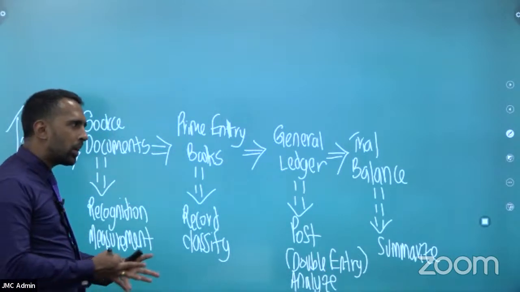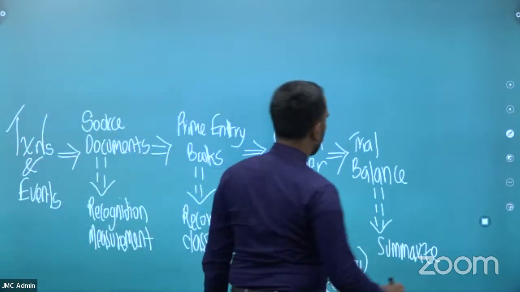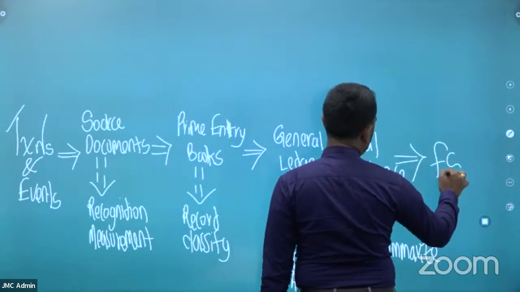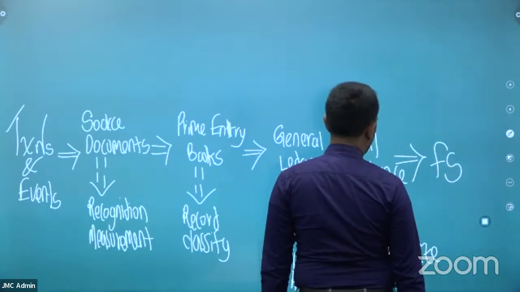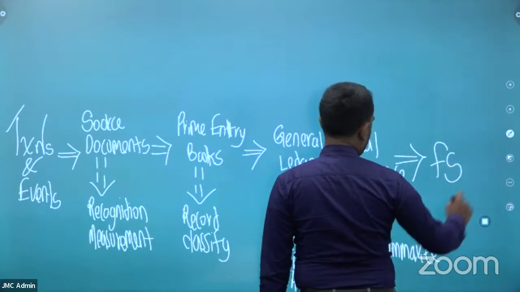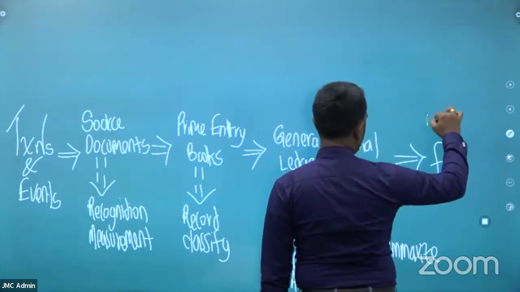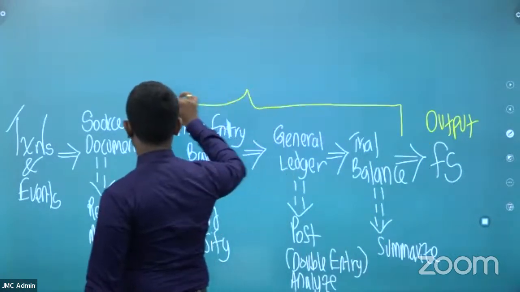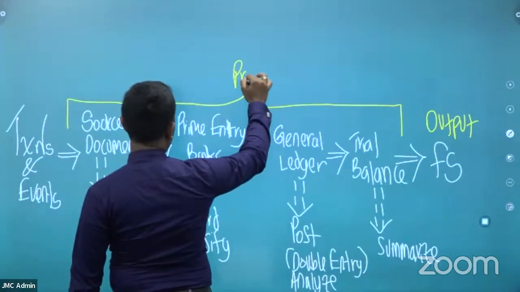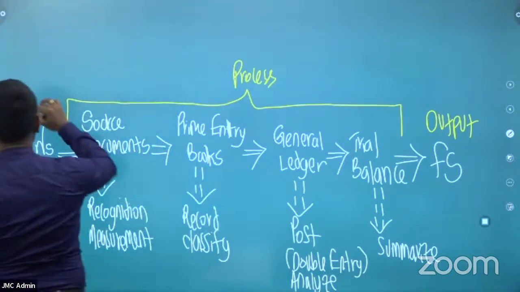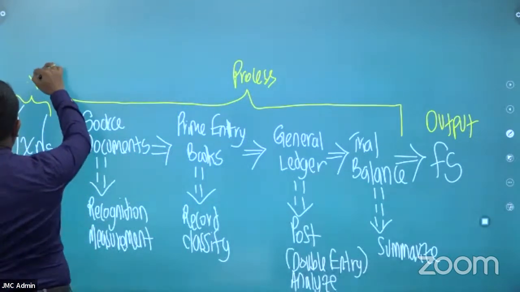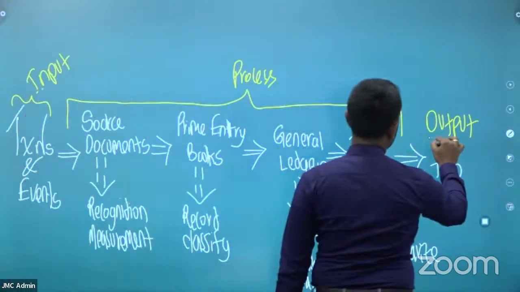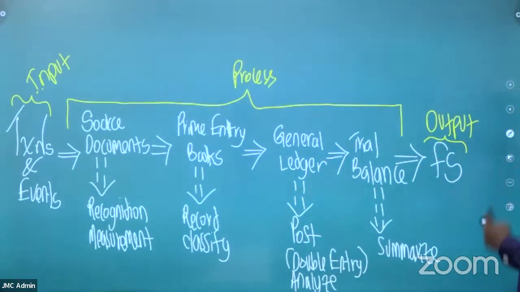In the trial balance we summarize that information, and ultimately you prepare the financial statements. This is your output. This part is your process, and this is your input.